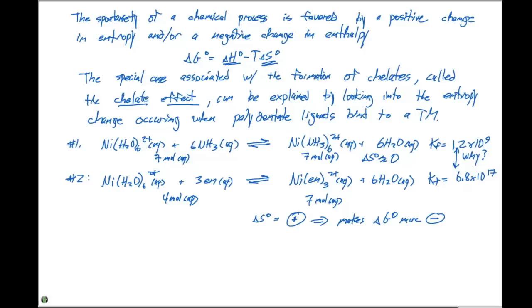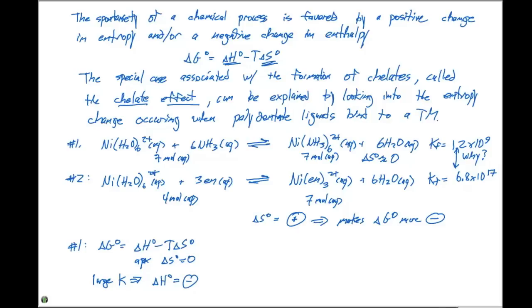So let's analyze these in a little bit more thorough detail. For reaction number 1, we know that delta G naught is equal to delta H naught minus T delta S naught. If we approximate the delta S naught to be equal to 0, this term goes away. So the delta G is going to be proportional to delta H. Okay? We have a large K, so that's going to mean that delta H has to be negative, or we have an exothermic reaction.